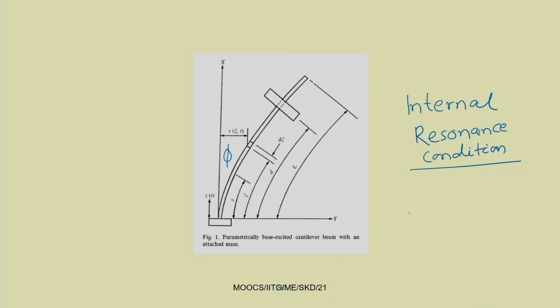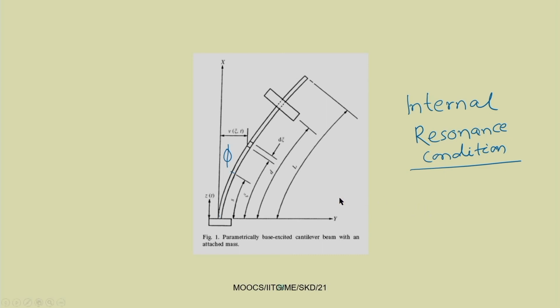For example, it will be m u double dot in the axial direction, where u is the axial deflection, and in the transverse direction m v double dot. That is the inertia force. Then by taking the moment at a distance s from here, we can get the equation for this moment.